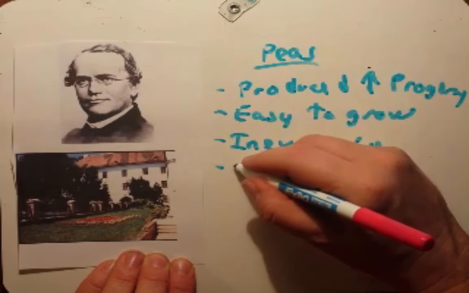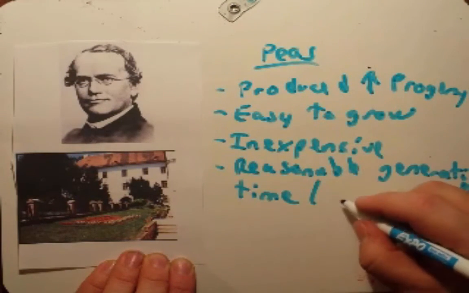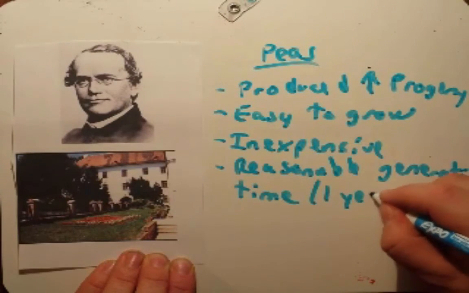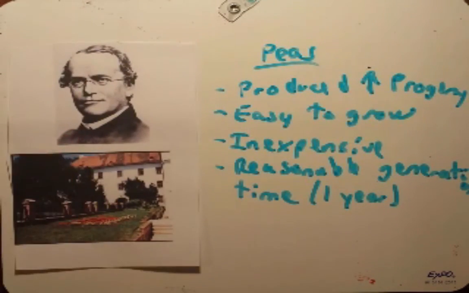We'll say a reasonable generation time. They're plants, so he had about a one year generation time. Now, for modern science, this is really not a very reasonable breeding time, but for him it worked out well. He had lots of time, so it didn't really affect him too much.